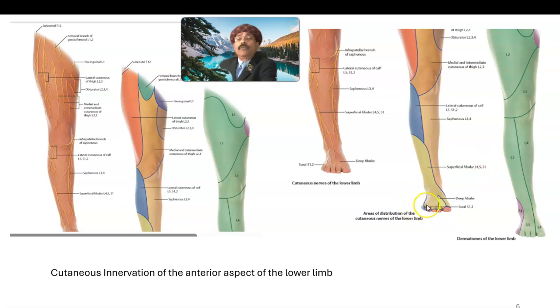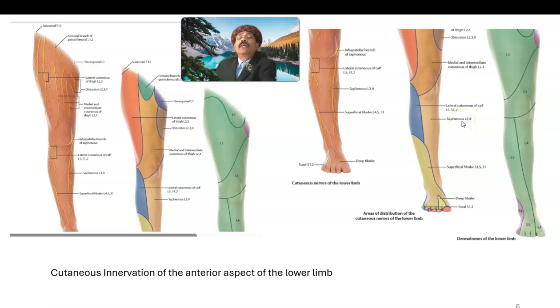Lateral border of the foot, cutaneous sensation is carried by the sural nerve. Medial side of the foot close to the medial malleolus, from the ball of the great toe, this is the saphenous nerve. From the first metatarsophalangeal joint, around the medial malleolus, the medial side of the leg up to the medial side of the knee, cutaneous innervation is done by the saphenous nerve.